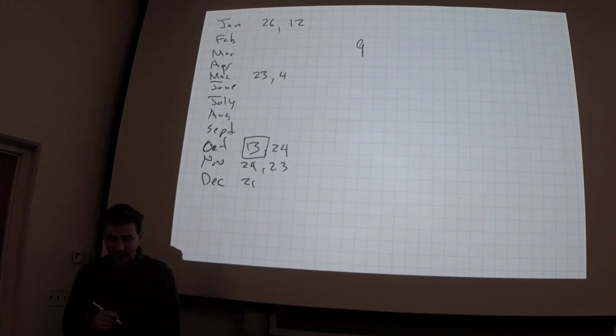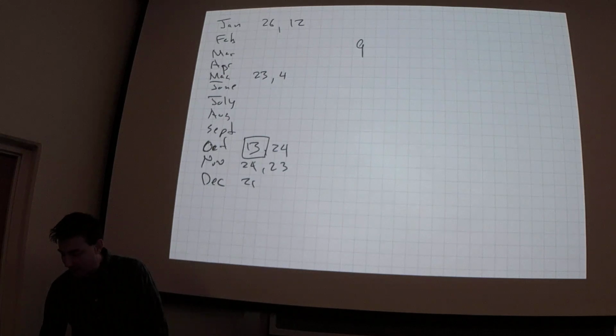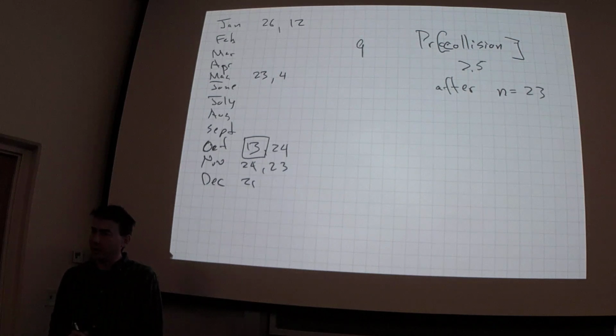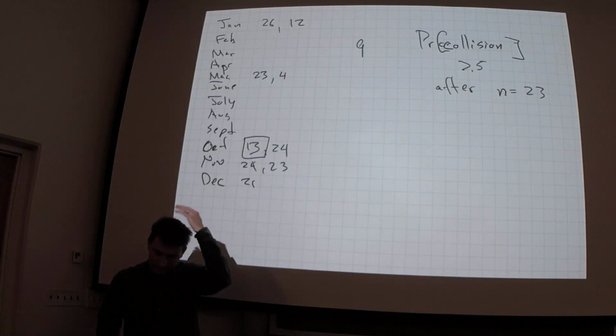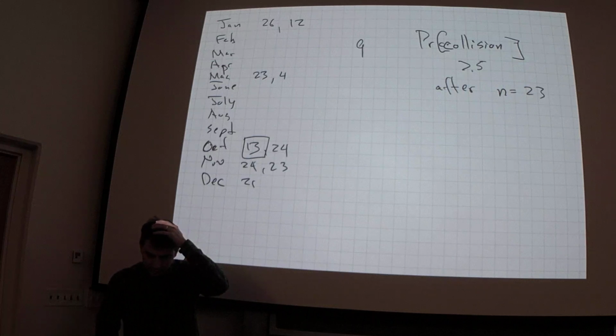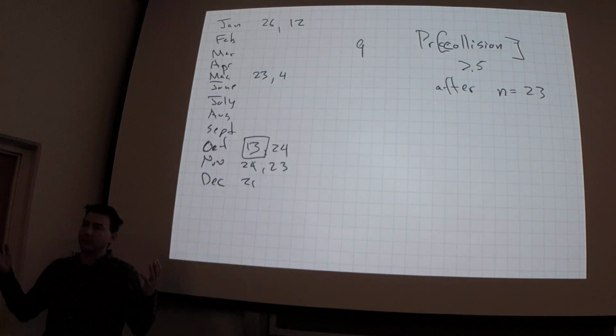It turns out that the probability of a collision is going to be greater than 0.5 after n equals 23, where it becomes roughly 53%.